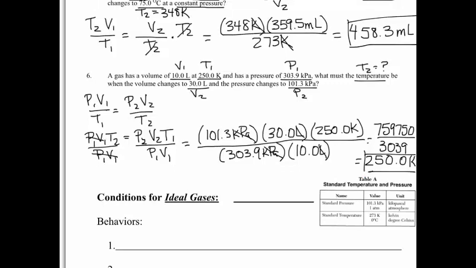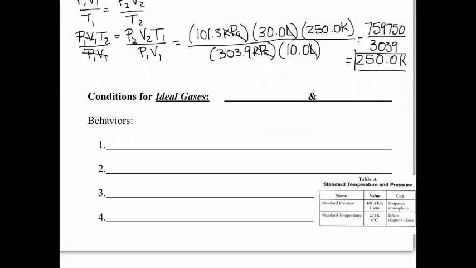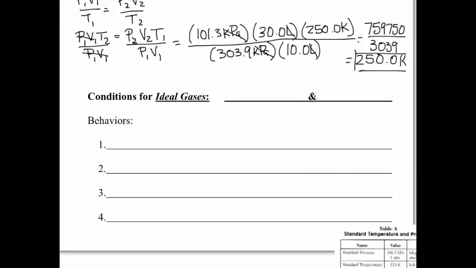The last little part we need to do is talk about some conditions for ideal gases. Ideal gases don't truly exist. They are fictitious. They're the perfect gas, and they don't really exist, but under certain conditions, gases can act very much like ideal gases.